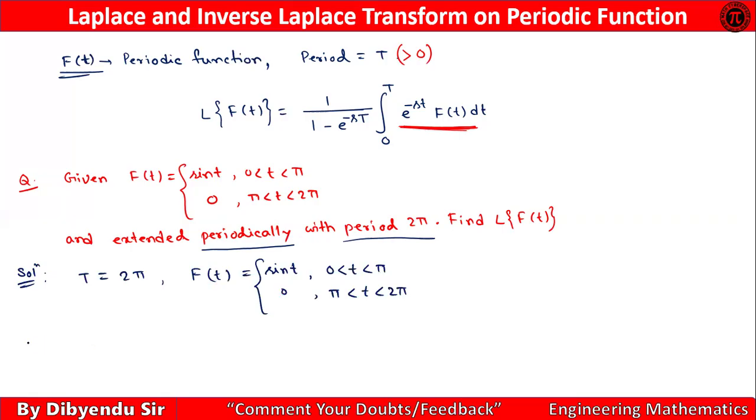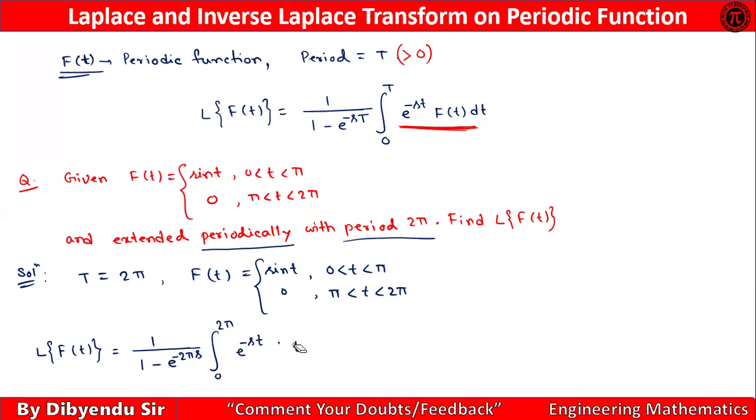So according to the formula, Laplace of f of t is equal to 1 by 1 minus e to the power minus sT, and capital T equals 2 pi. So this will be 1 minus e to the power minus 2 pi s, times the integration from 0 to 2 pi of e to the power minus st into f of t dt.